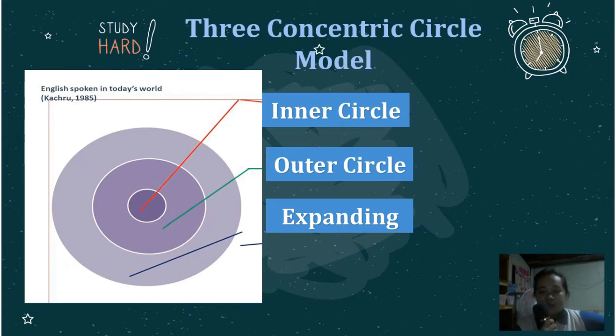The small circle located in the middle part is labeled as the inner circle. Then outside the inner circle, the second one is labeled as the outer circle. And lastly, the big circle is the expanding circle.